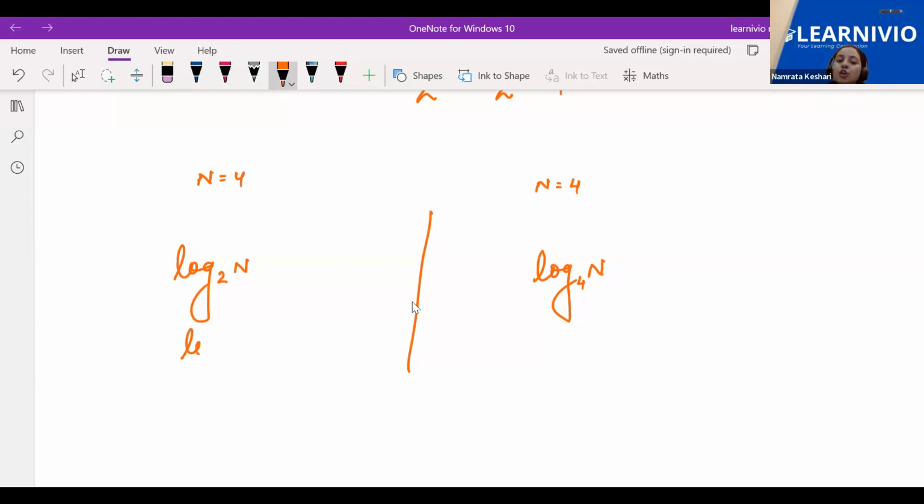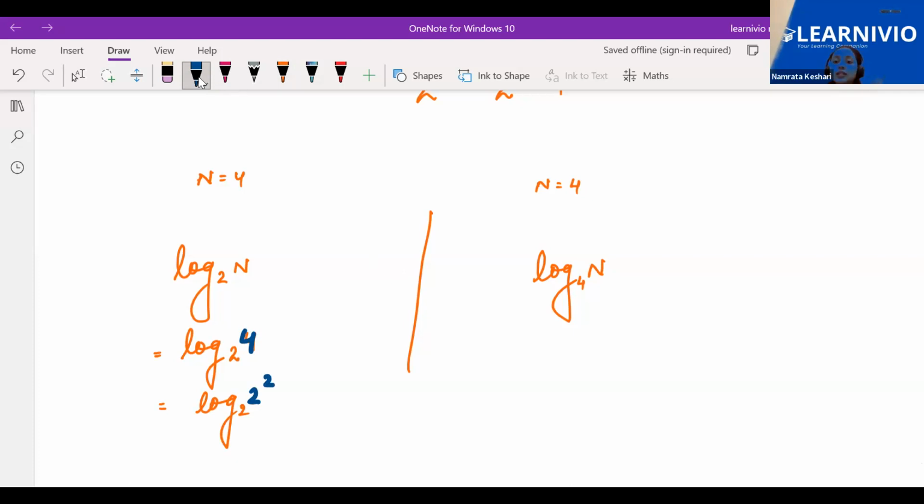So if n we are taking as 4 and here the base is 2, do you know how to simplify it, Annapurna, by using the property of logarithm? Can we write this 4 as 2 square? Yes. So log base 2, and we write this 4 as 2 square.